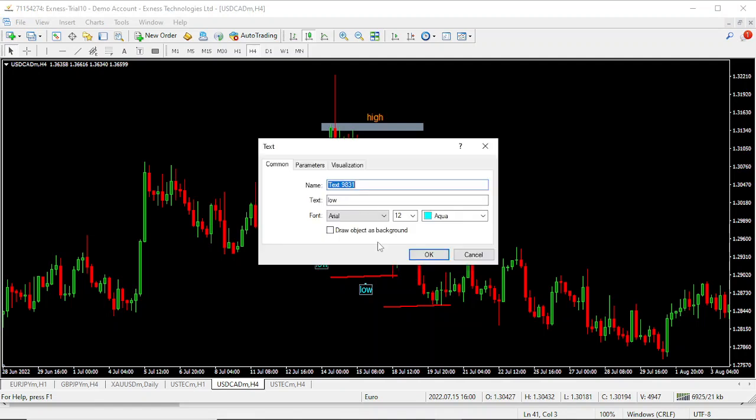We have a lower low, which is abbreviated LL.